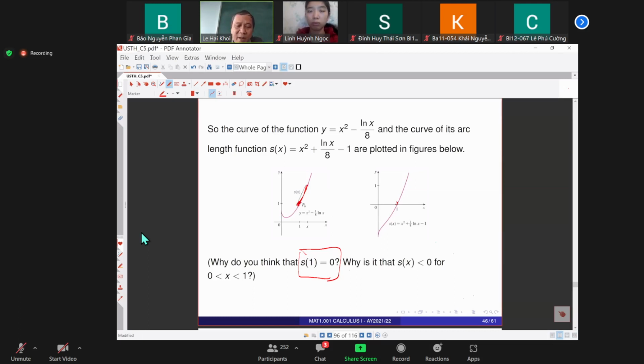So another question, why is S(x) less than 0 for x in between 0 and 1? X is in between 0 and 1. Then the length is measured in the other direction. That's why it should be less than 0, because we start from here at 0 and then bigger than 0. Then the other direction is less than 0.